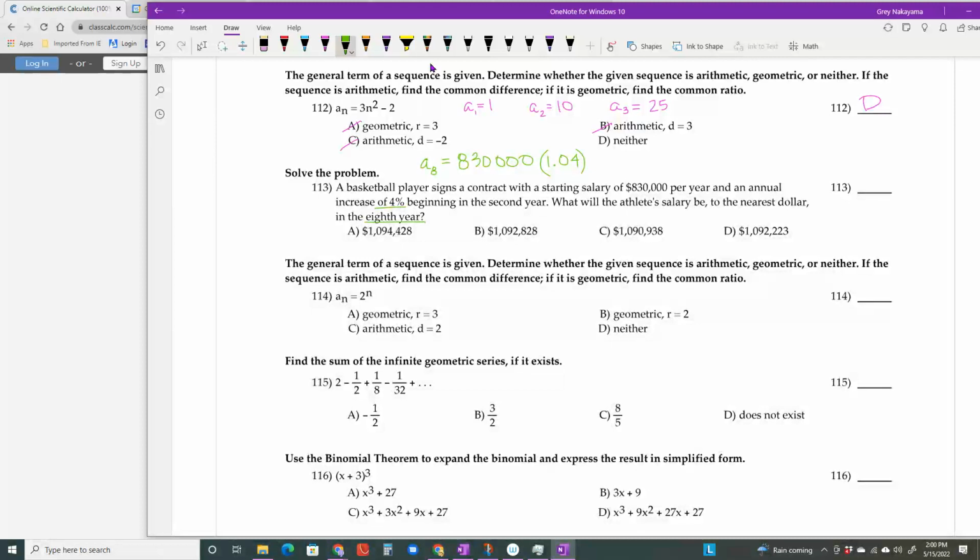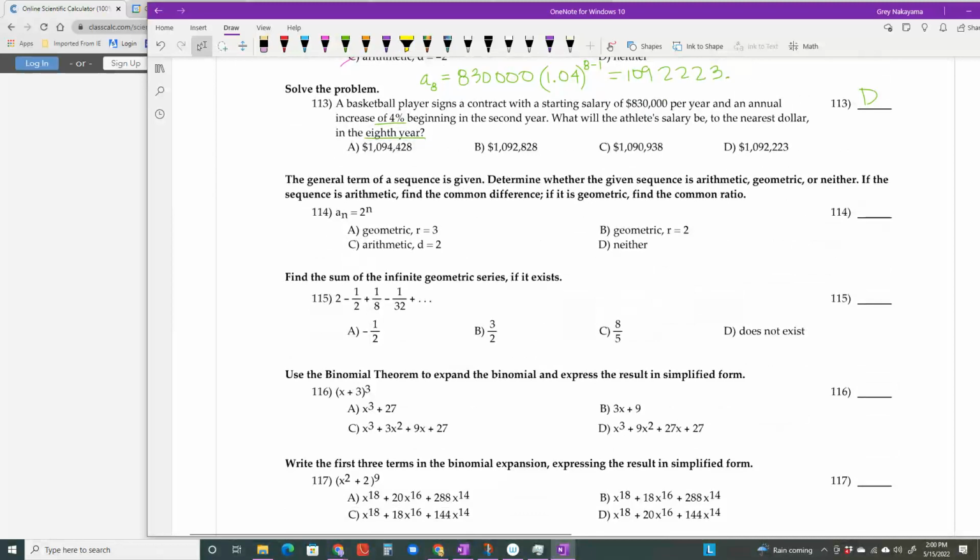And that is raised to the n minus 1. So when you plug that in, you're going to get 1,092,223. And the only one that is close to that, you got some more numbers of decimals, but that's your answer.